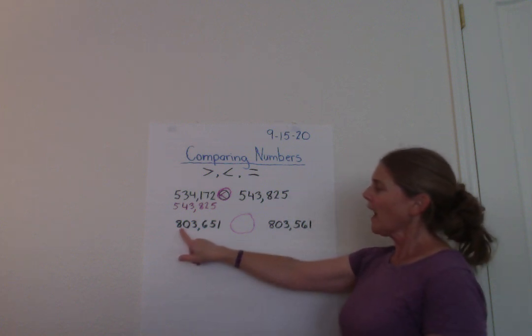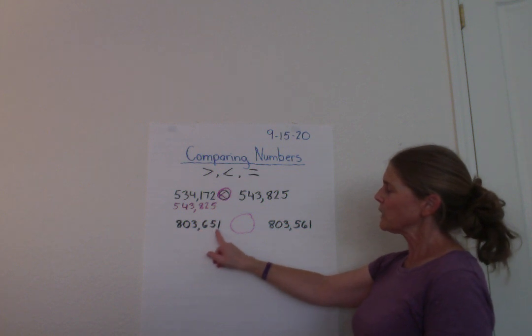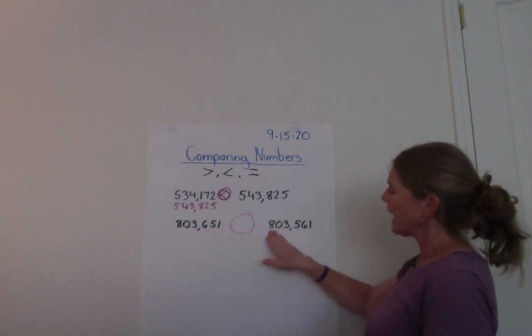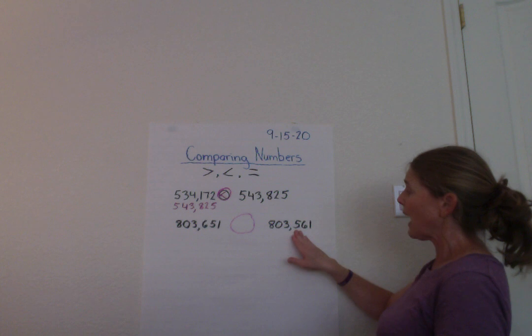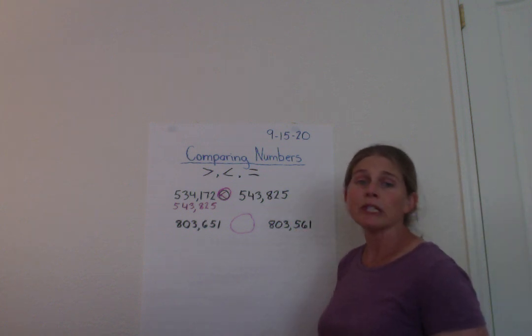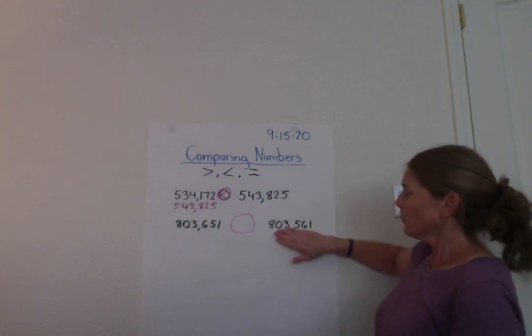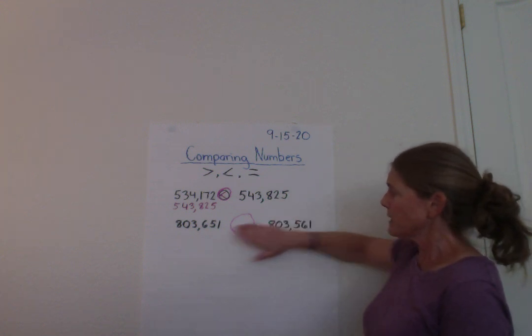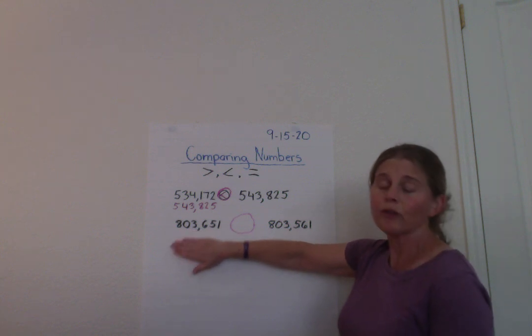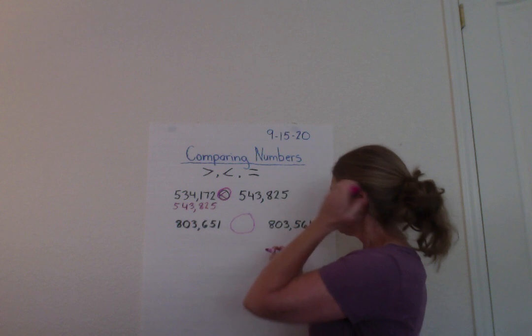We've got 803,651 on the right, 803,561. I see a lot of digits and places that are the same. I'm going to just make really sure, so I'm going to put this number underneath so that I can see which one is truly bigger.